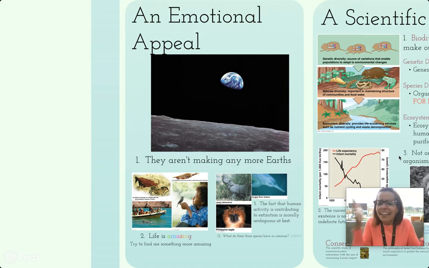Even if there's other life in this universe, you guys, Earth is unbelievably rare. It is exactly the right distance from the sun to have water that exists in the ice form, the liquid form, and the vapor form.